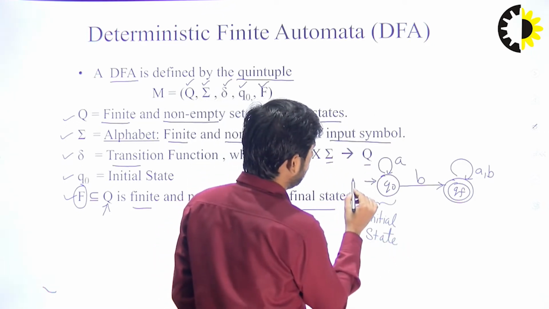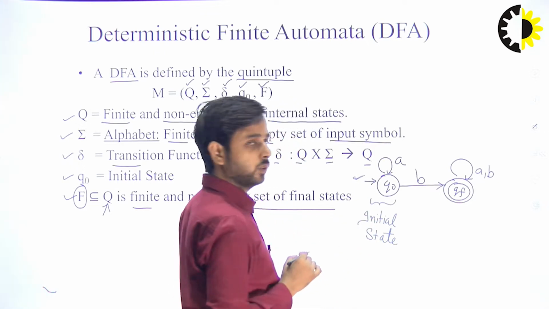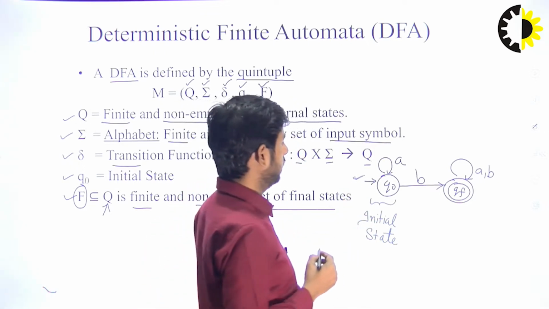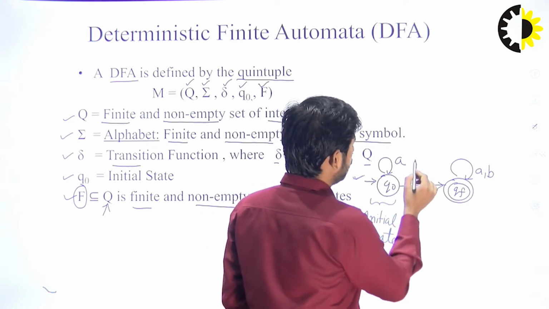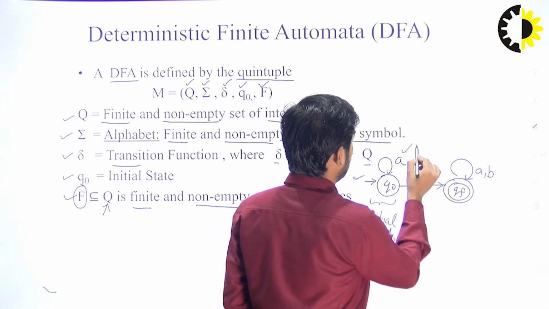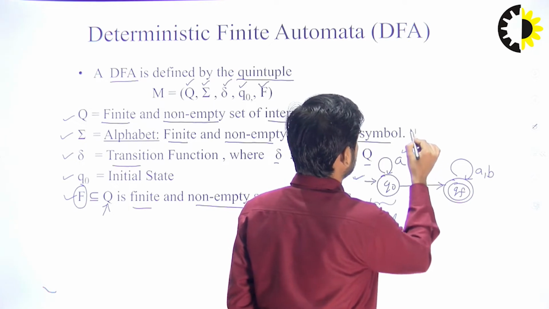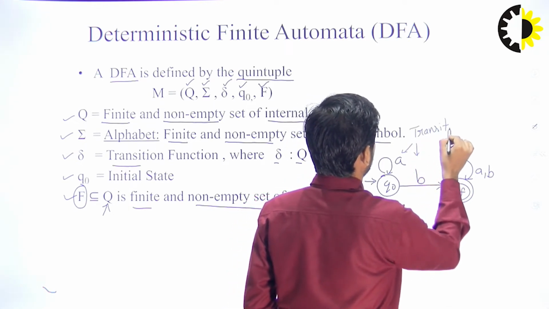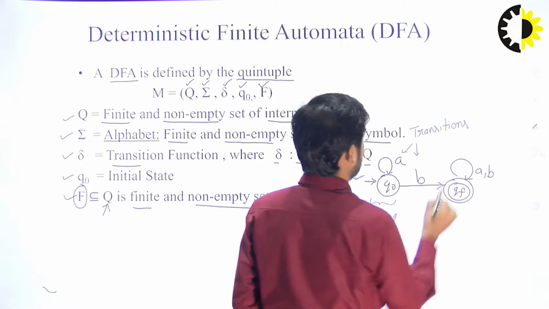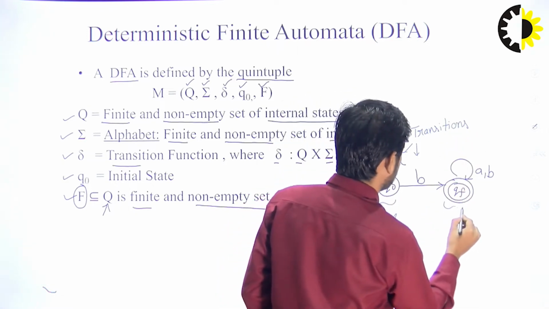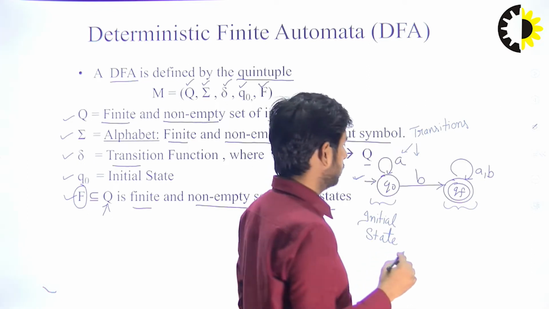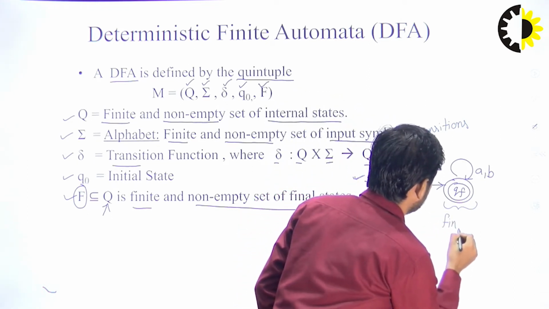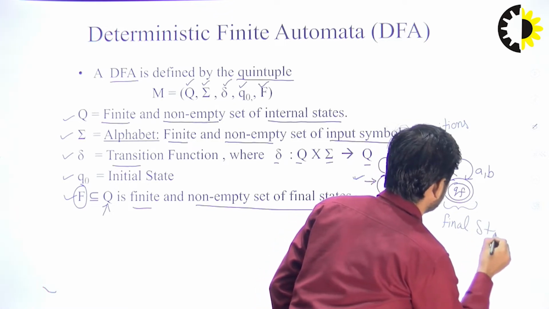This arrow is mandatory to show that it is the initial state, and these are the transitions. All these are the transitions, and this double concentric circle state is the final state.